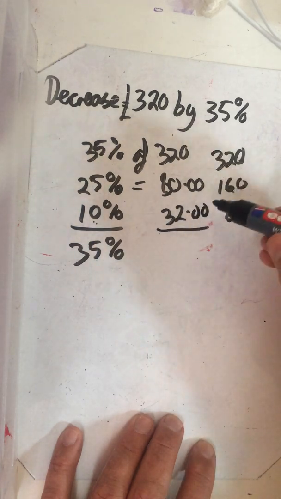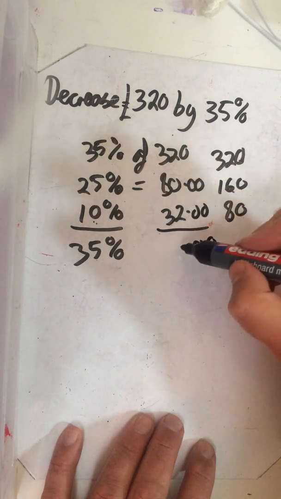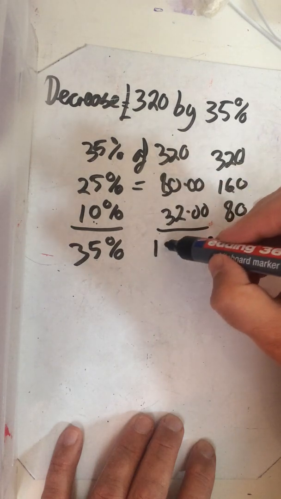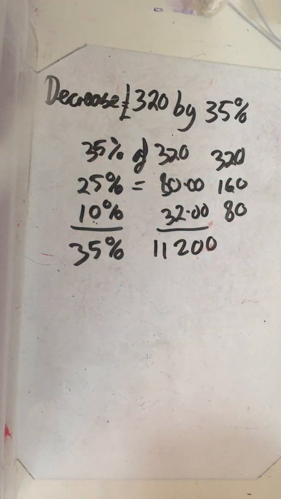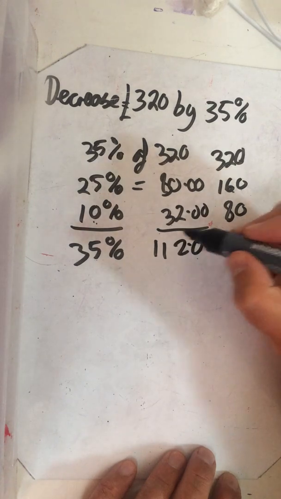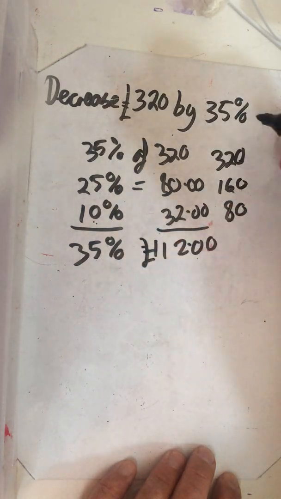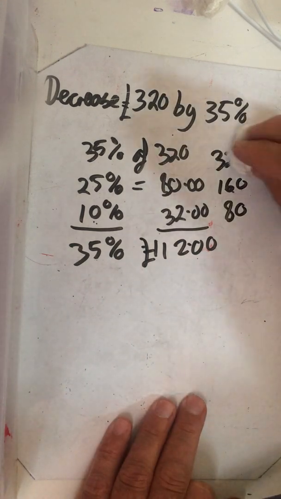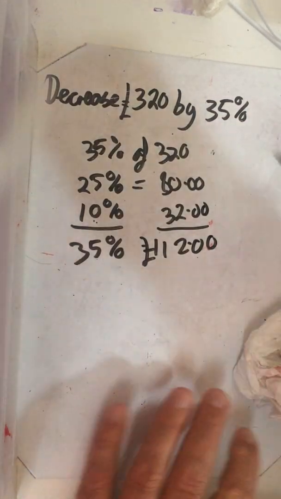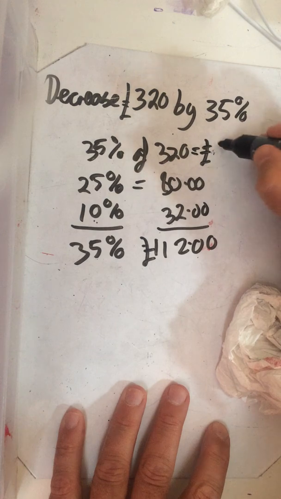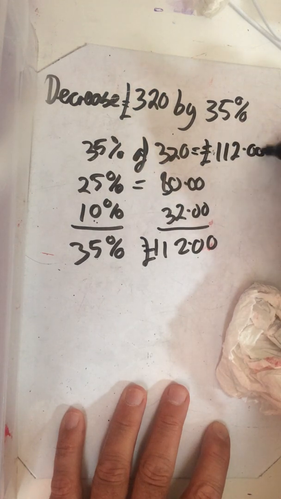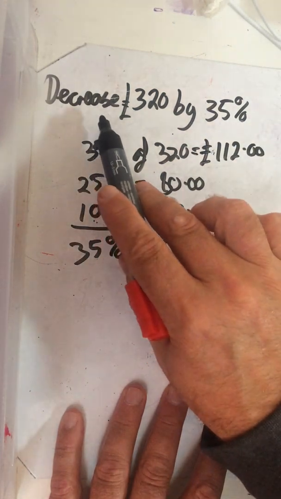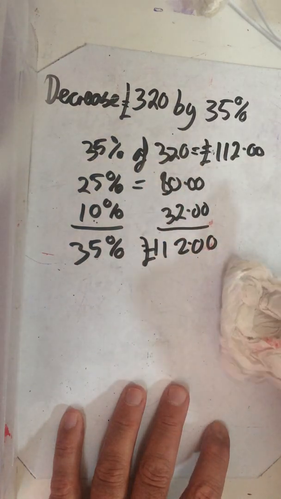Okay, so I'm going to add those up. What's that giving me? £112. So 35% of 320 is £112. But of course it's asking me to decrease 320 by 35%.